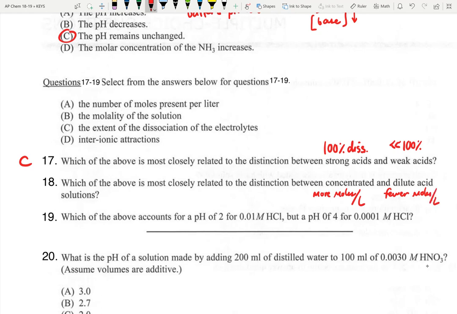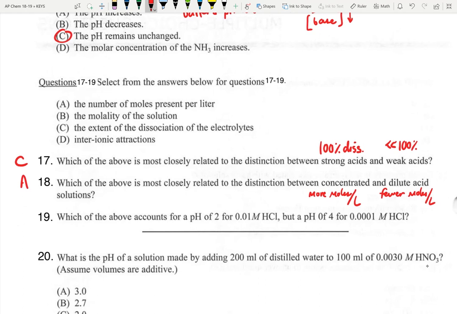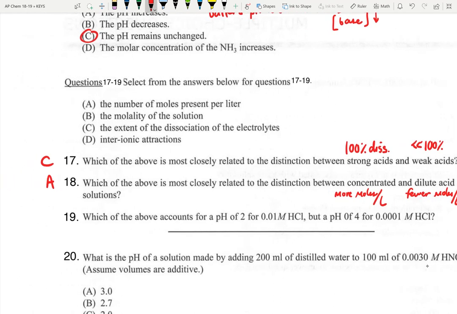We increase the liters while the moles stay the same. And when you have an equal number of moles but in a greater volume, you've diluted the solution down. So that moles to liter amount decreases in a dilute acid. Therefore, the number of moles present per liter, letter A, is the choice. The difference between those is the difference between concentrated and dilute acids.